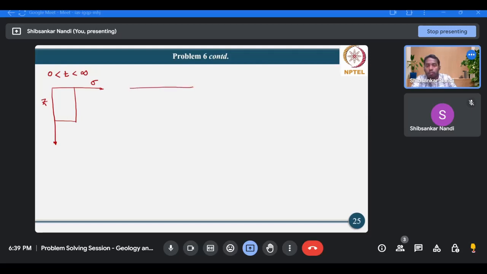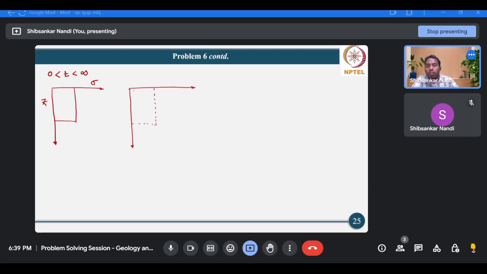However, due to the permeability of soil, what will happen? The excess pore water pressure, which is generated due to the application of load, starts to dissipate. Okay, and it dissipates very quickly at the edges as compared to the center.